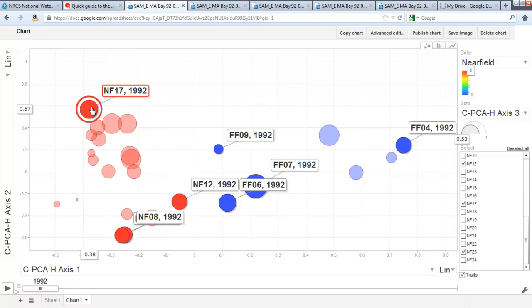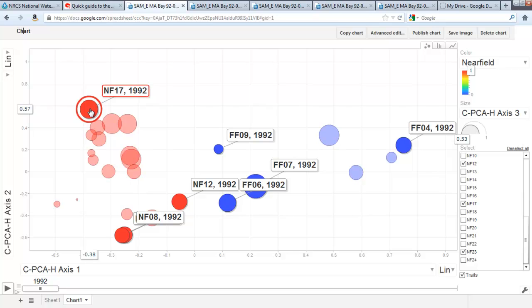How many species would you expect if you drew 15 individuals from sample NF17, put them back, and then drew another 15 individuals? And then using an equation that produces a metric index, you can plot the CNESS distances in space. You can get a graphical display of the CNESS distances.